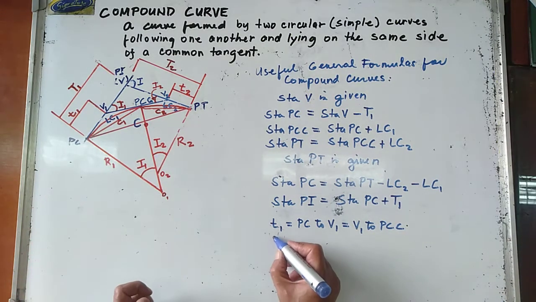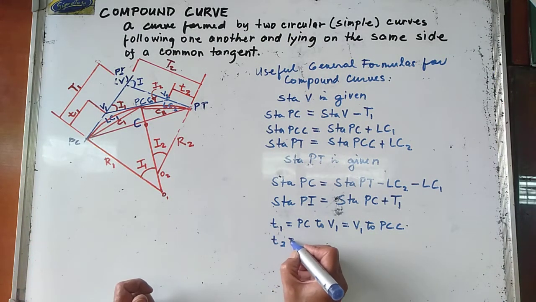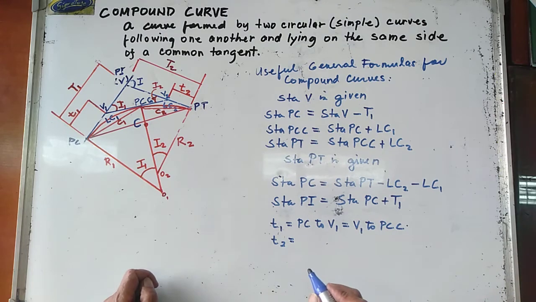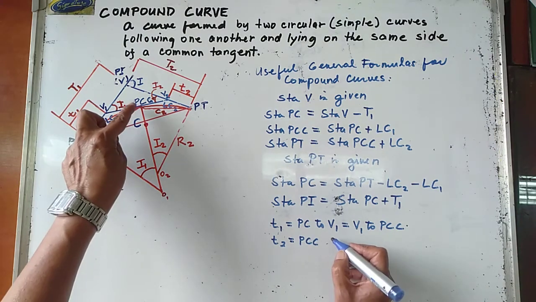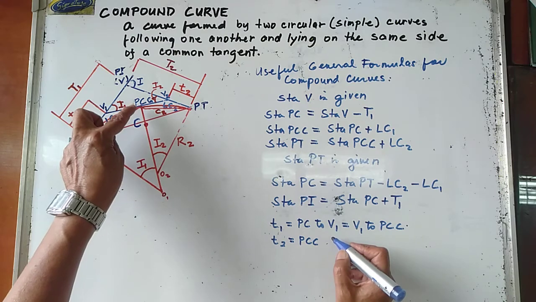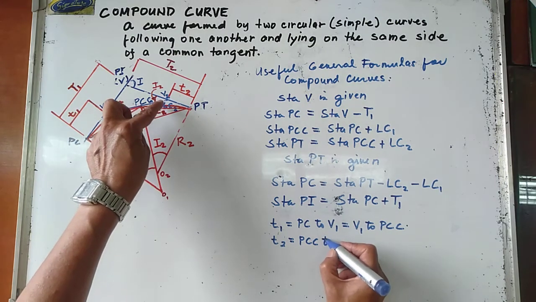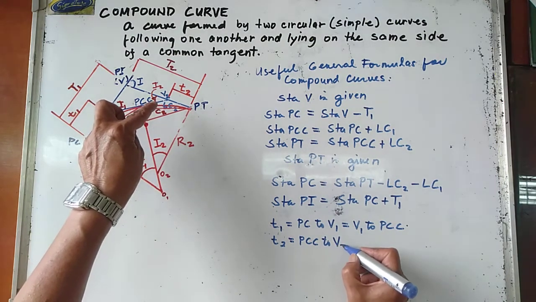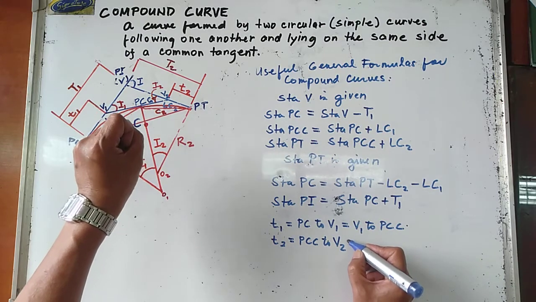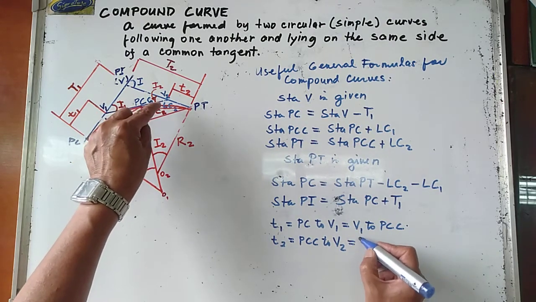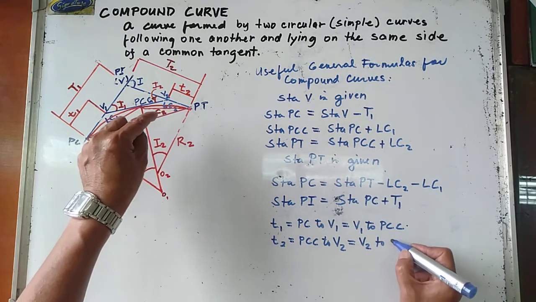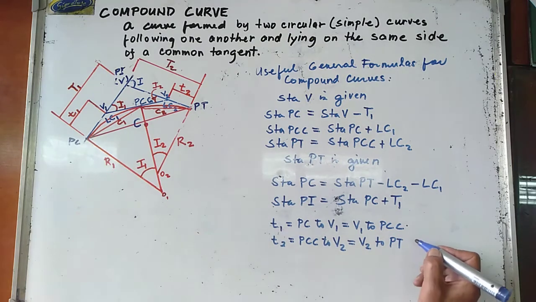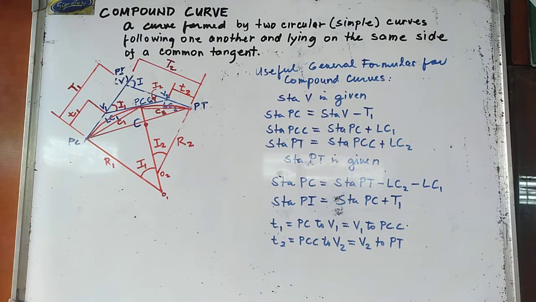And your T2, small T2, is the distance from the PCC to the vertex of the second simple curve, which is equal to the vertex of the second simple curve to the PT of the compound curve.